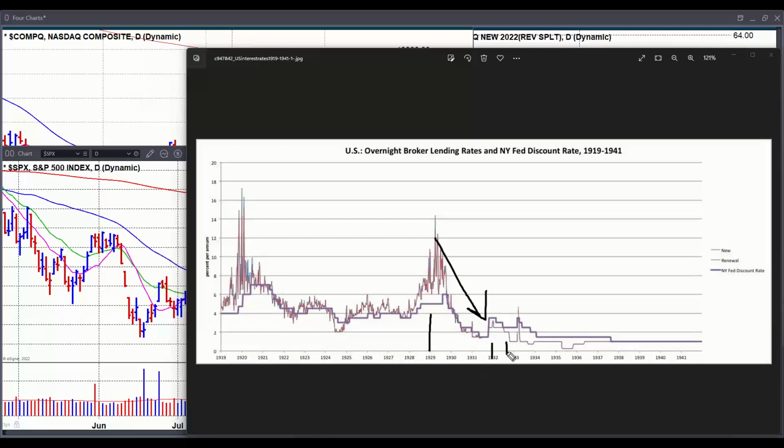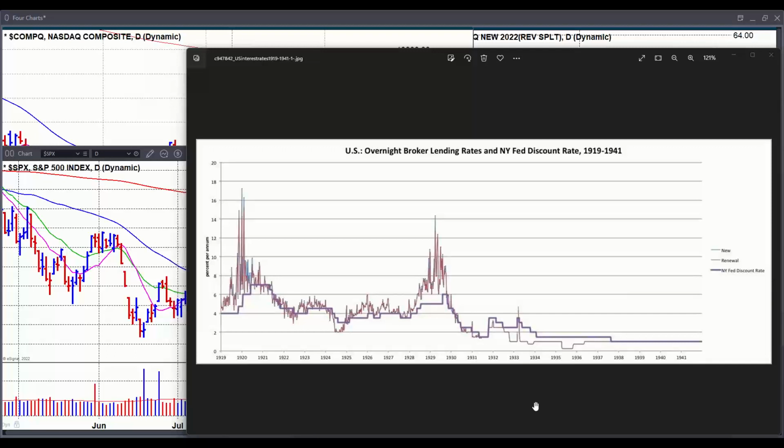And this also happened in 2000 to 2002, where the NASDAQ lost 78%. That was its largest decline ever. And that was despite the Fed aggressively reducing rates from 6% all the way down to 0.75%.